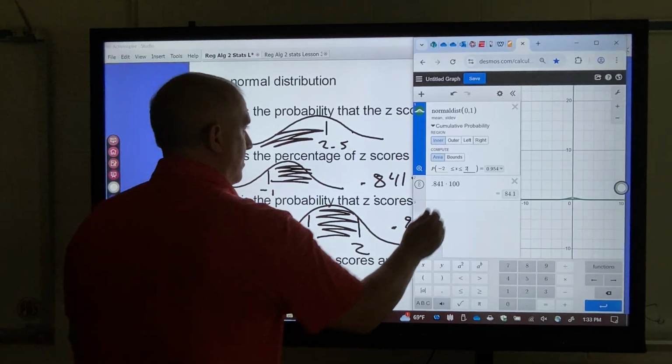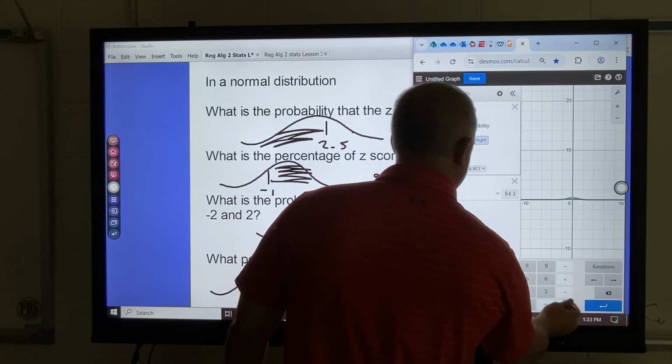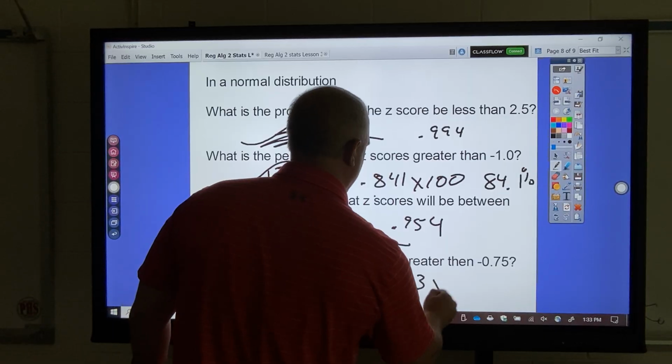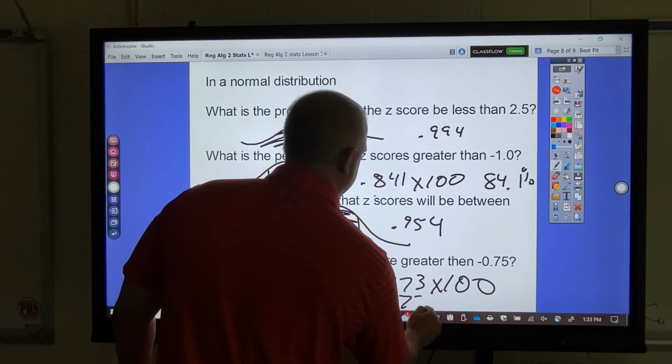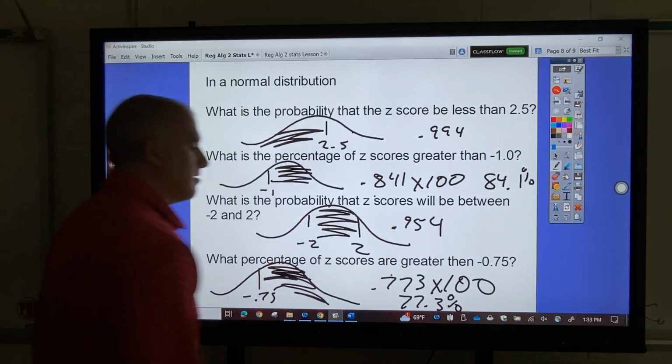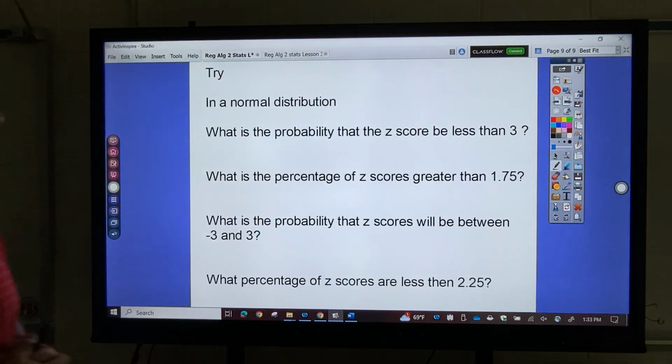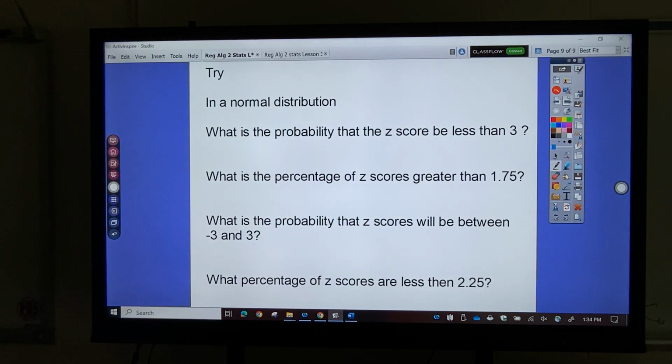That means to the right. 0.773, and then multiply by 100. That's going to be 77.3%. Okay? And so you guys can go ahead and try this one. And that's the end of the second lesson.